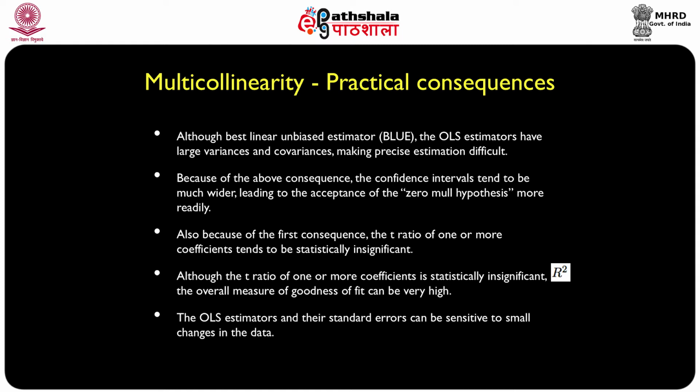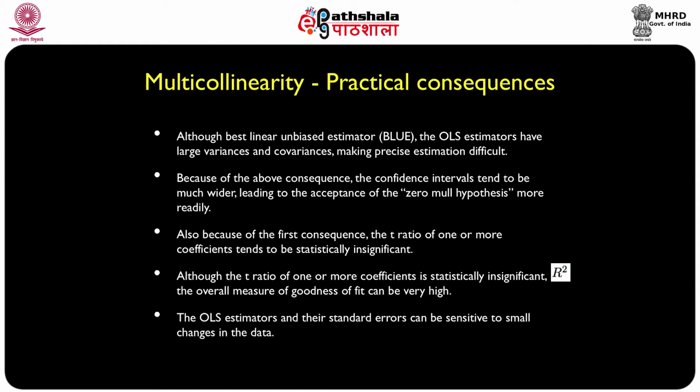Second, because of the above consequence, the confidence intervals tend to be much wider, leading to the acceptance of the zero null hypothesis more readily. Also, because of the first consequence, the t-ratio of one or more coefficients tends to be statistically insignificant.